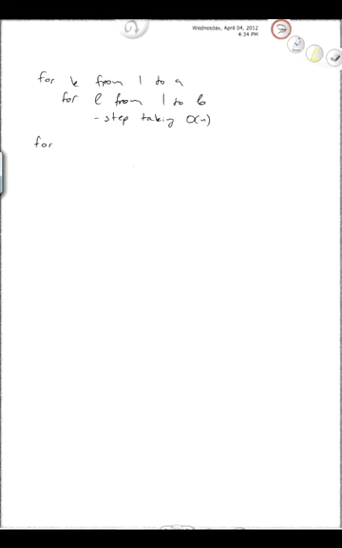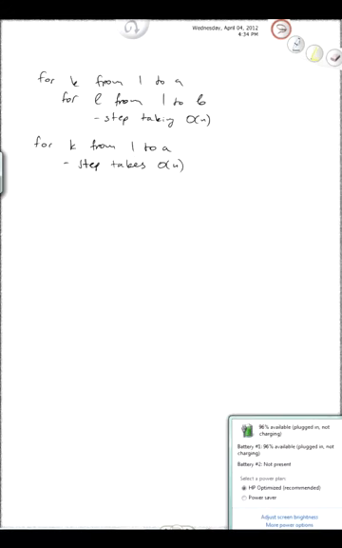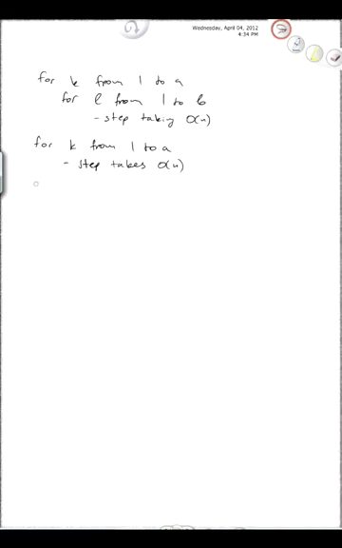So here I have for k from 1 to A. And inside of this, I have a step that takes O of N time. Outside of this loop, I have a step taking O of N squared time.